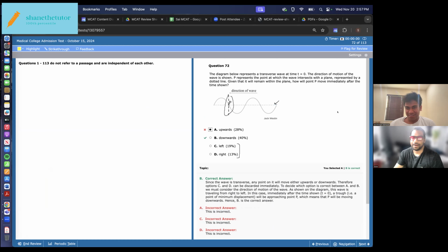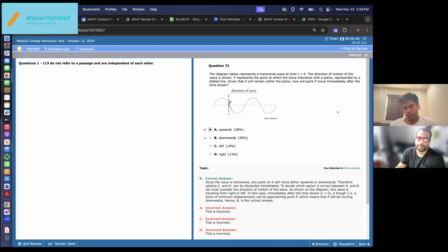If you want an easier way to visualize this, you could think of it this way. If the wave is moving to the left, you can make this P part move to the right, and if it moves to the right, it will start going down like that.